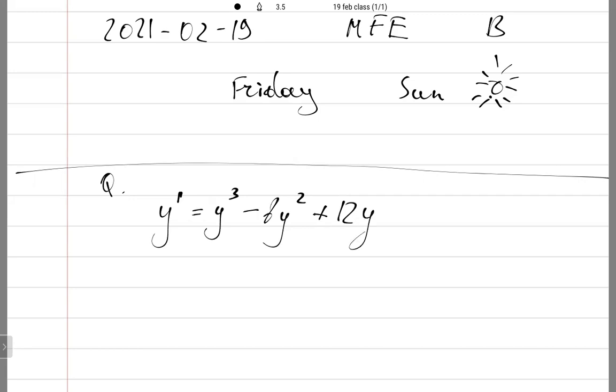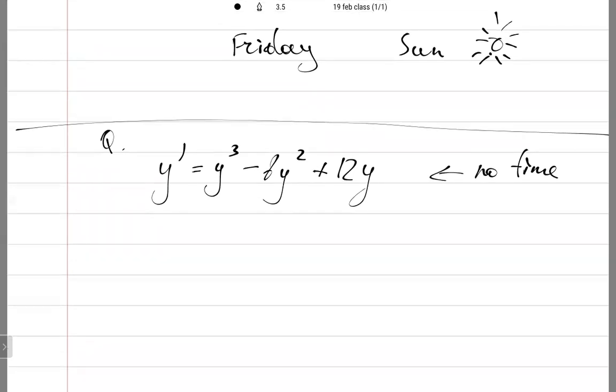Let's consider an equation like that. The equation like this without time. So there are no time in this equation, just y, and no t, no x. It's called autonomous equation, but the name is not important.